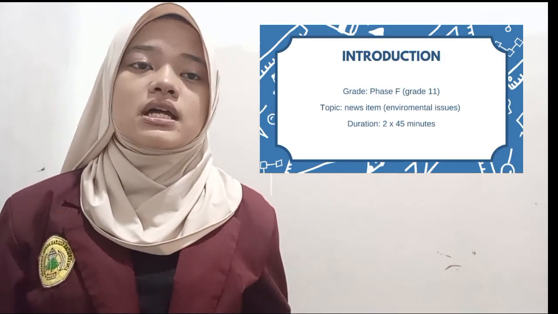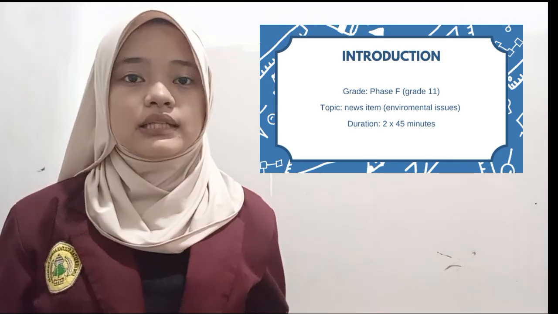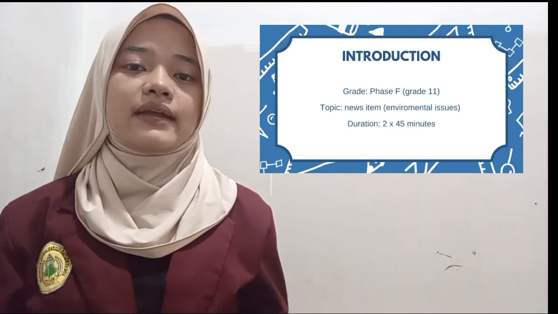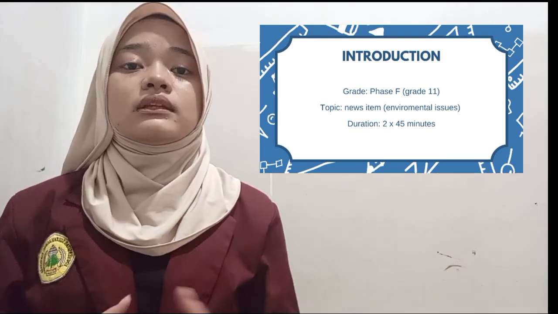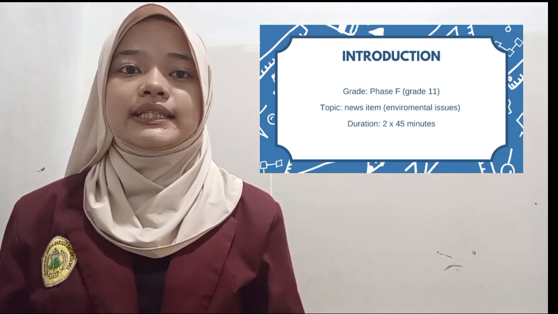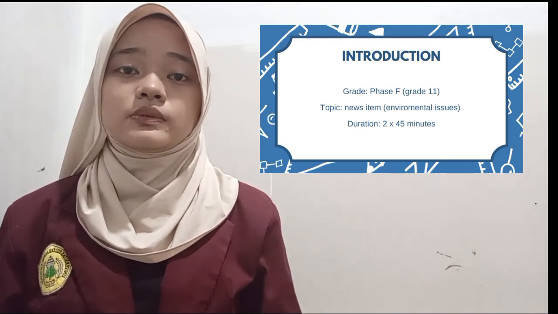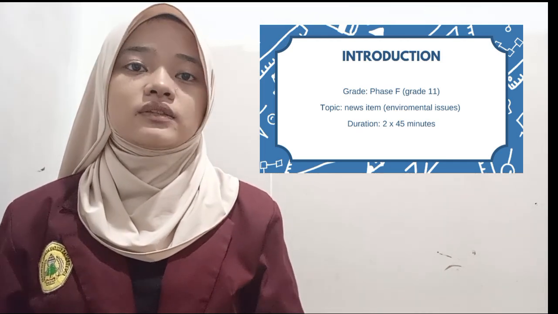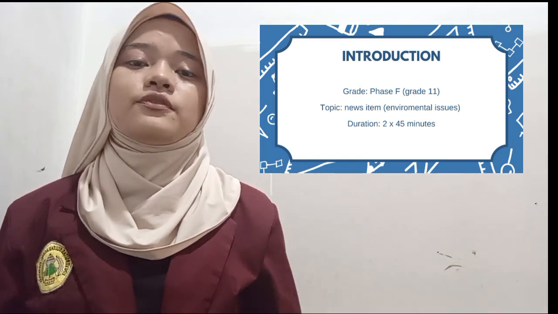In this slide, I will present the lesson. This lesson is intended for grade 11 students in phase F. The topic is news item text, particularly about environmental issues, and the lesson is allocated for 2 learning periods or 2 times 45 minutes.